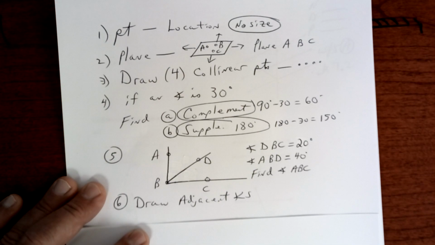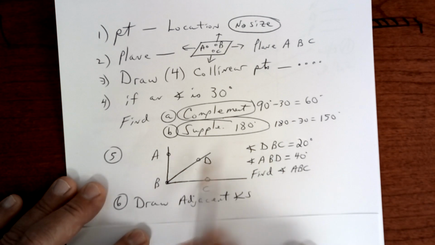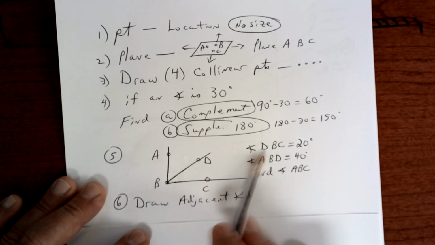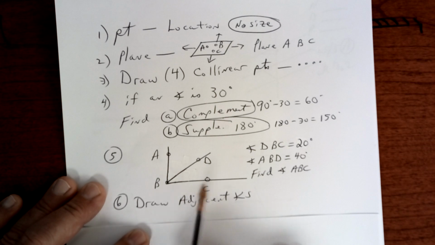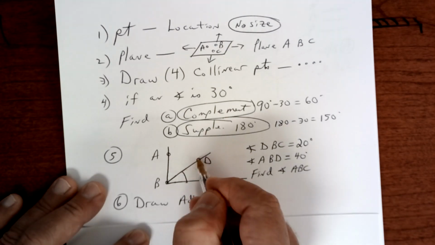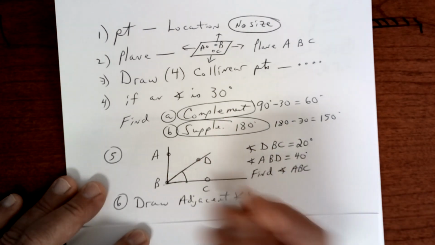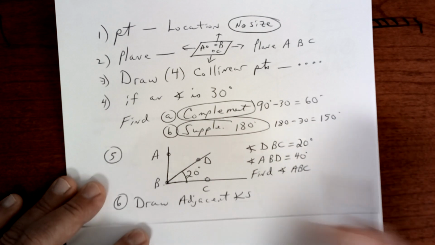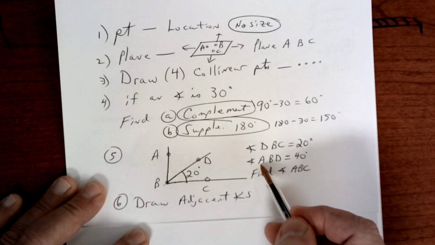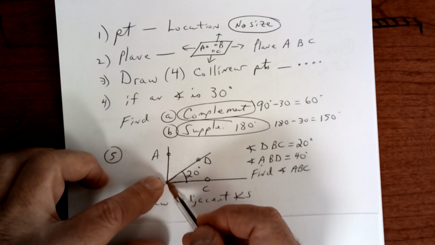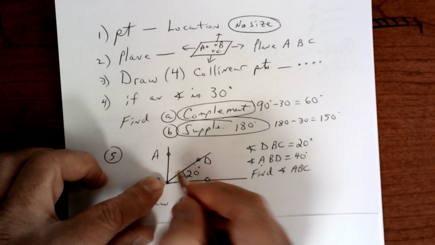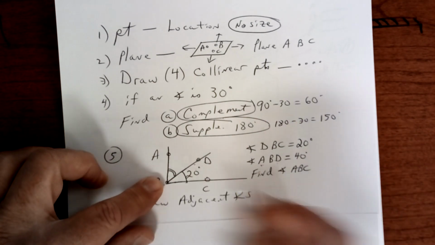Okay, let's take a look here. Now put your eyes on D, B, C. So this angle here, DBC, is 20 degrees. Put your eyes on A, B, D. This angle right here is 40 degrees, given.